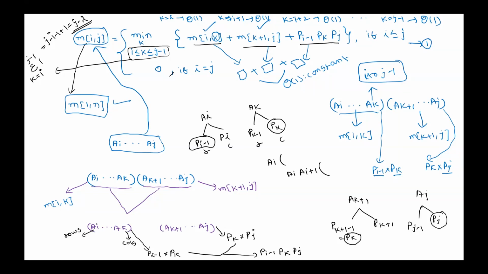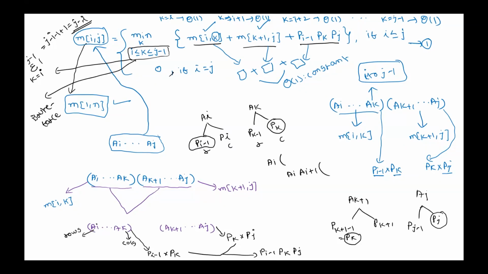Then after that, whichever k value gives the minimum, that answer we return. That means here we are simply following the brute force way: all possibilities we calculate answers, and whichever possibility is less, that answer we are returning.